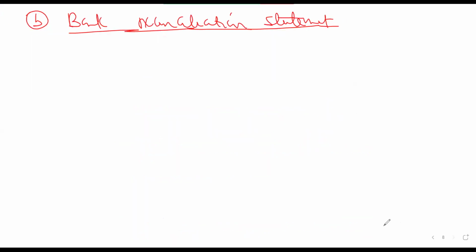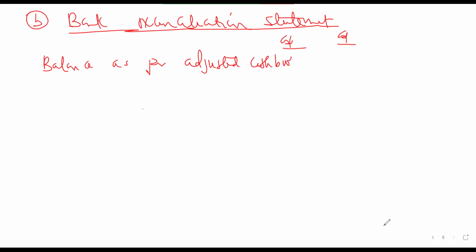So we have the balance as per adjusted cash book. That was an overdraft of 1022, isn't it?